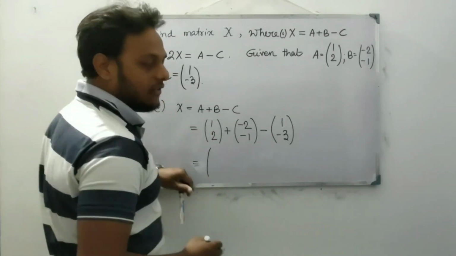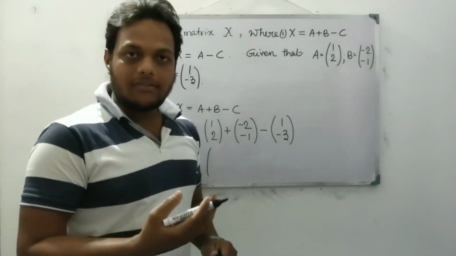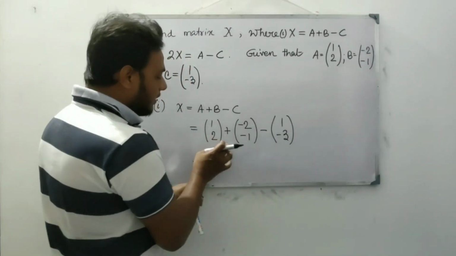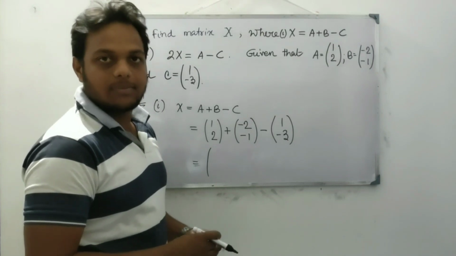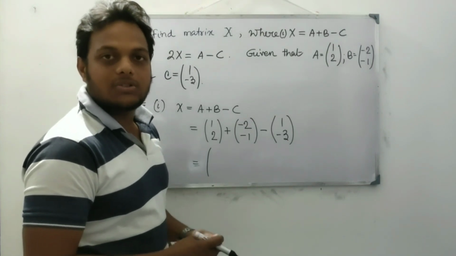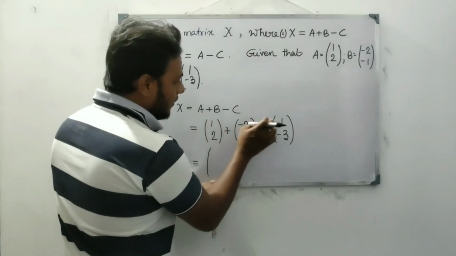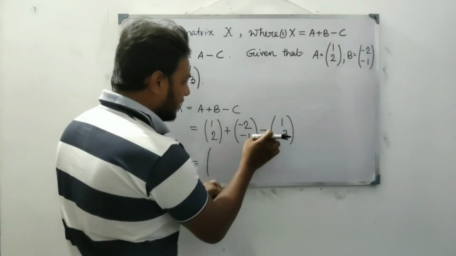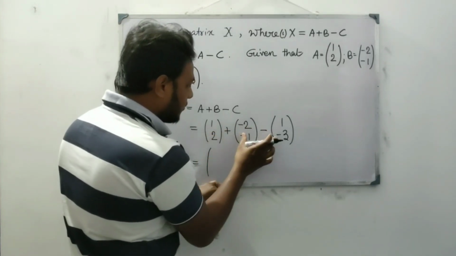I told you that matrix addition and matrix subtraction are always possible when the matrices are of the same order. Clearly each of the matrices is of the same order, and matrix addition and subtraction means you have to add or subtract the corresponding elements. So the first element and first element we have to add or subtract, whatever is given here. So directly we can solve it.